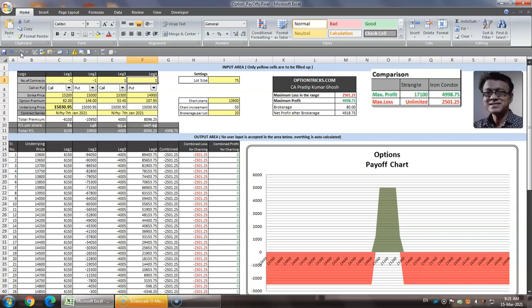When you are reducing the risk, your reward also will automatically reduce, and that is a global phenomenon. So in this you have understood 2 strategies, and you have also understood why one of the strategies has unlimited risk and the other strategy has limited risk. Thanks for your attention.